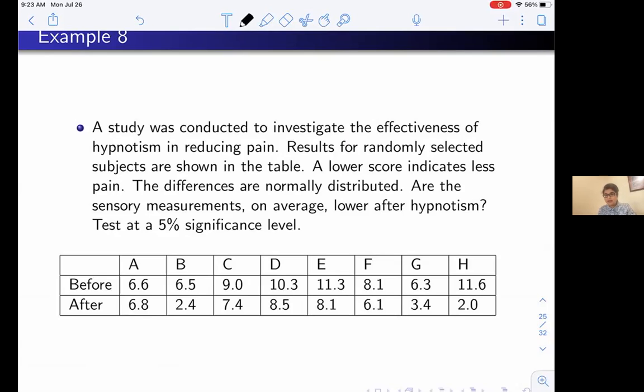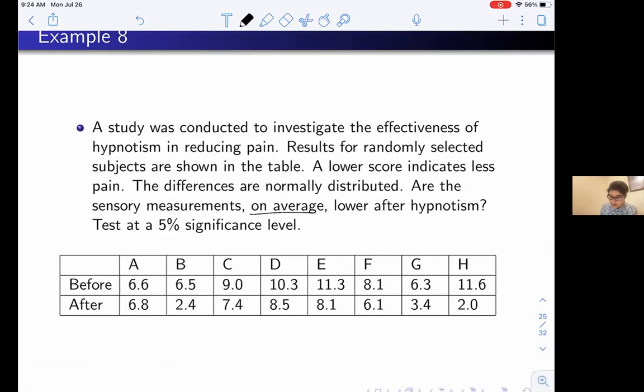They are going to see whether their pain is decreased or increased. So the results for randomly selected subjects are shown in the following table. A lower score indicates less pain. The differences are normally distributed. Are the sensory measurements on average lower after hypnotism?